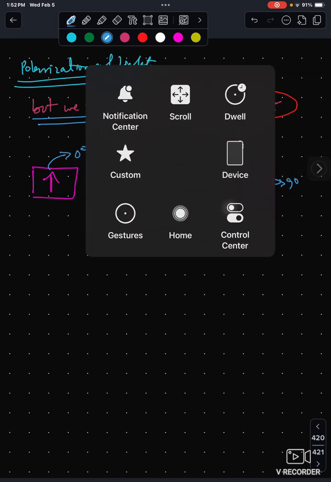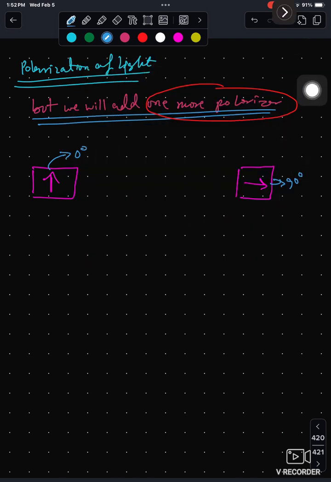Now, what is special is that as we add a third polarizer, its property is that it has a 45-degree turn. Here we have a degree difference of 45.